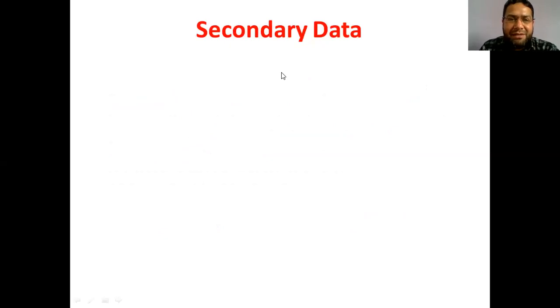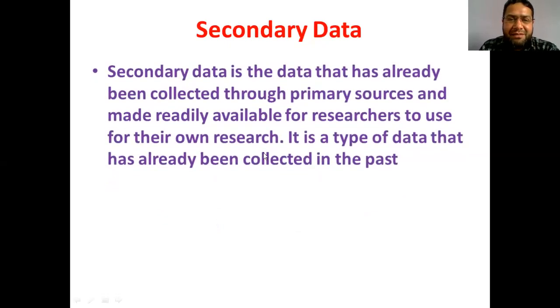Then we have the secondary data. Secondary data is the data that has already been collected through primary sources and made readily available for researchers to use for their own research. It is a type of data that has already been collected in the past. For example, I collect data from you: how many have a broadband facility, how many have 2G, how many have 4G, how many use internet.